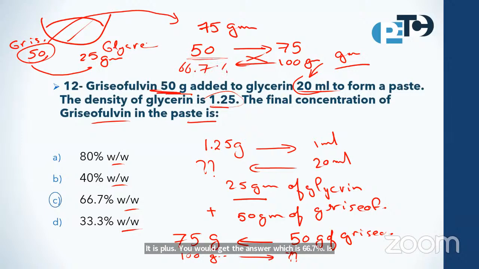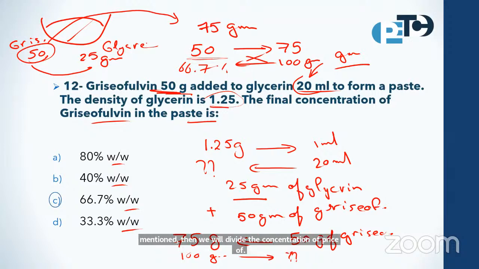Is it clear now, or still you have a confusion about it? Yes, clear. Thank you. But if the total weight of the paste is mentioned, then we will divide the concentration of griseofulvine in that total weight into 100. Here, the total weight is not mentioned. What about if the total weight is mentioned?